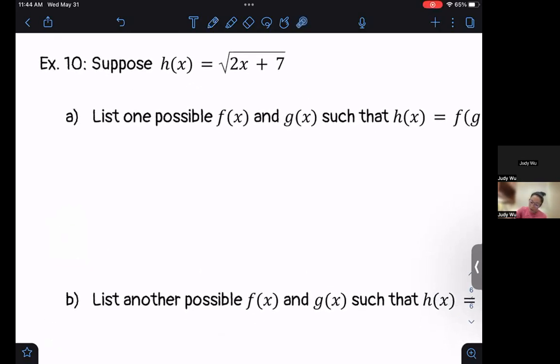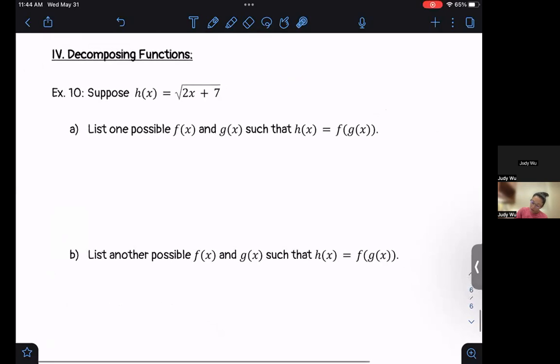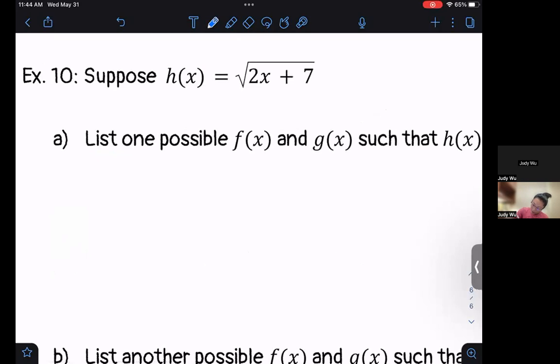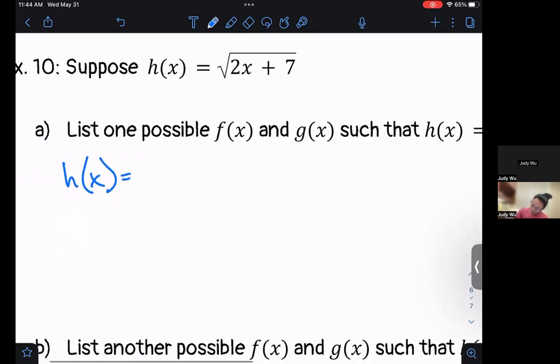It says, suppose h of x is square root of 2x plus 7. We want to list one possible f and g's so that when I take g and I put it inside the f function, I end up with this. Okay. So if h of x equals, so what was that? F of g of x.